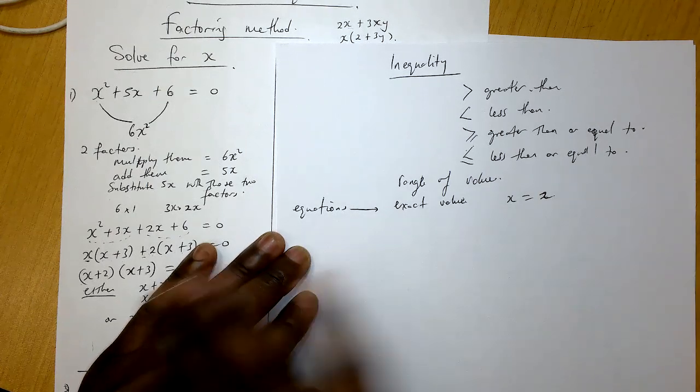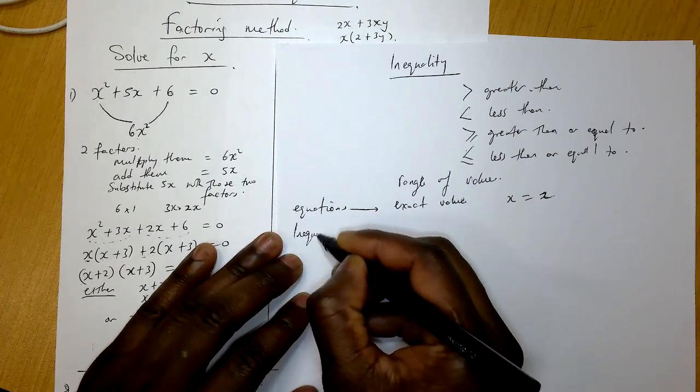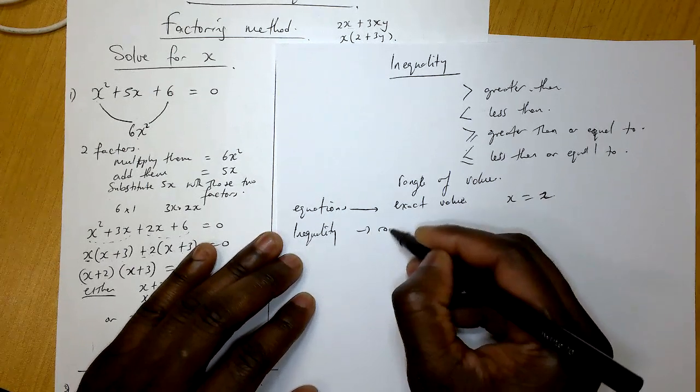X is just equal to 2. But with inequality, this gives us a range.